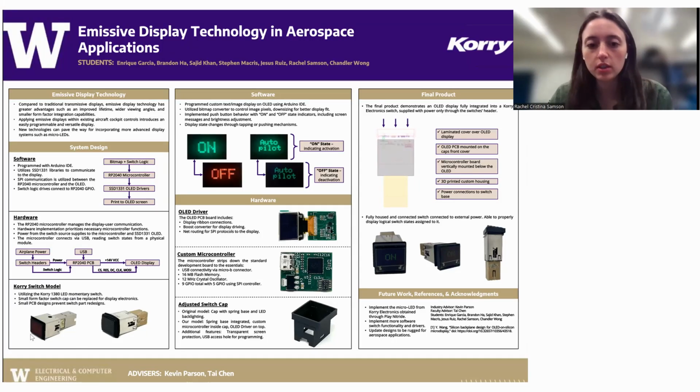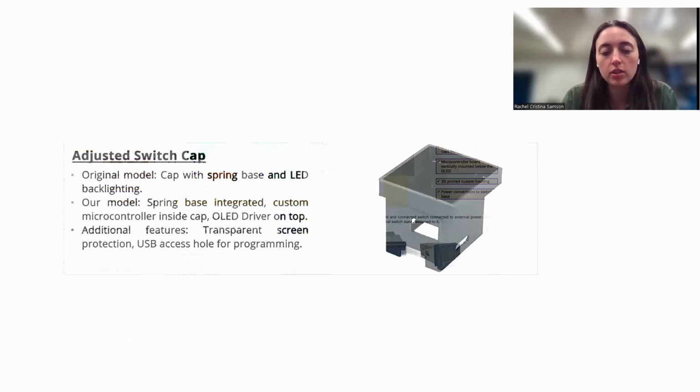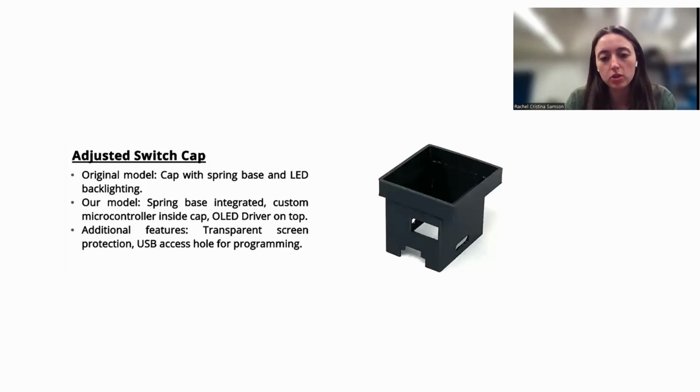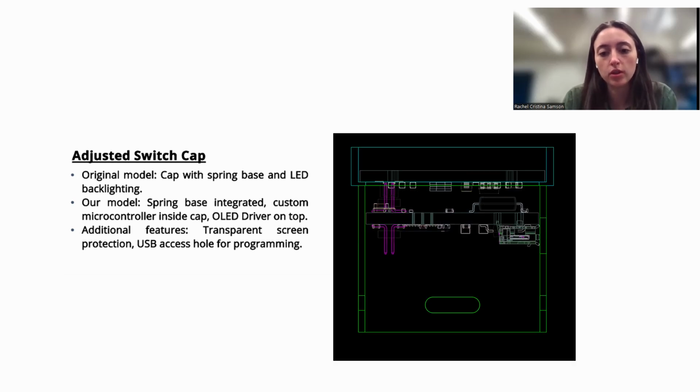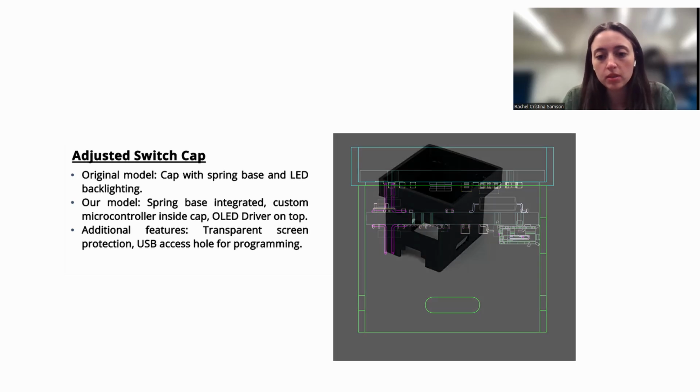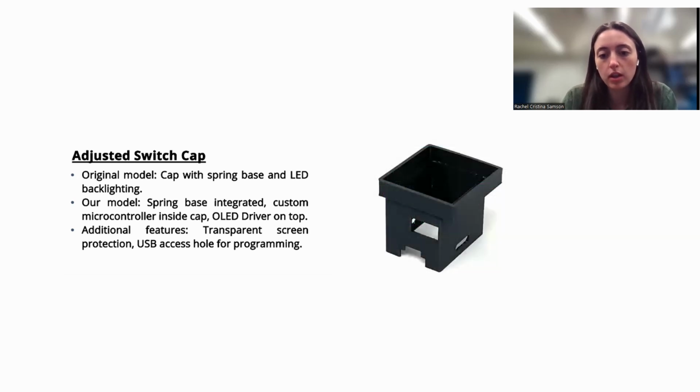So for the adjusted switch cap, the original model cap contained a spring base as well as a flex PCB for LED backlighting. With our adjusted model, it still integrated the spring base to utilize that pushing mechanism, but now had to house the custom microcontroller and OLED driver PCBs that we created. The adjustments that we made were at the top of our cap, where rather than a covering, we used a hole so that the PCBs could be inserted from the top.